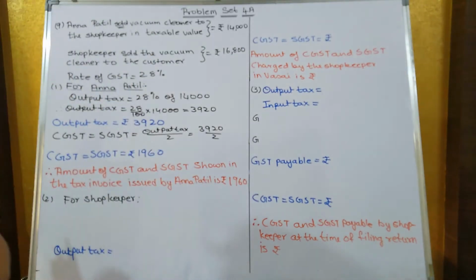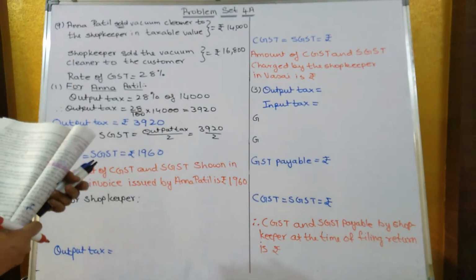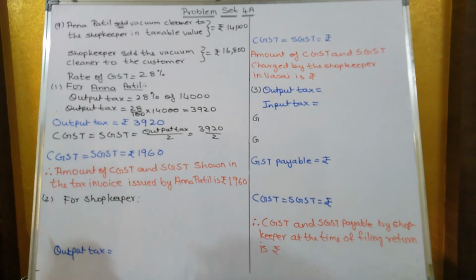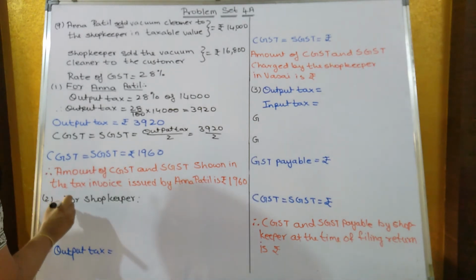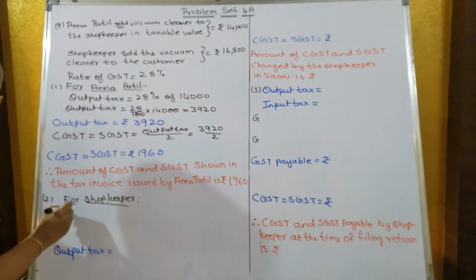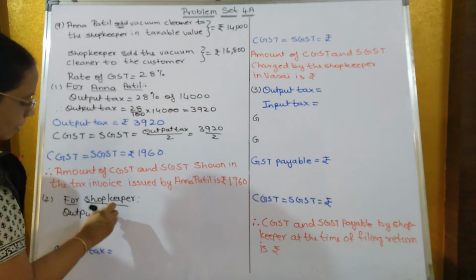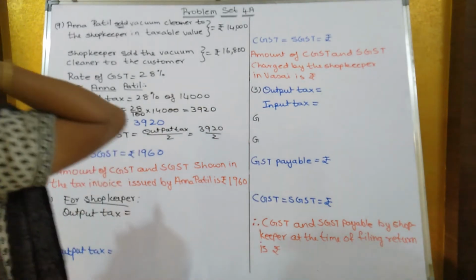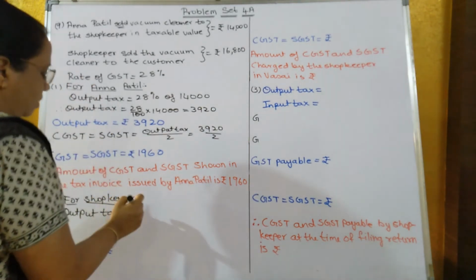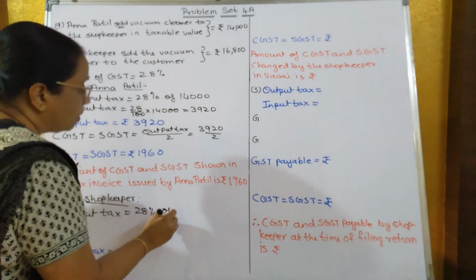Now second one, they have asked amount of CGST and SGST charged by the shopkeeper in Vasai. So for the shopkeeper, what is the output tax? Output tax is equal to, since the GST is same for everyone, so it will be how much? 28% of which one?